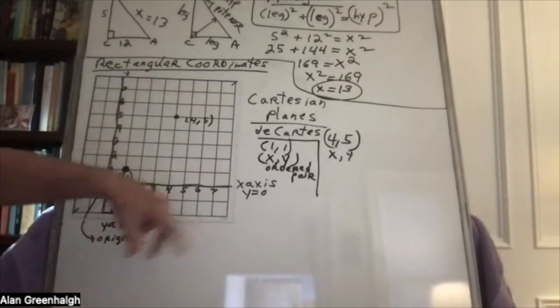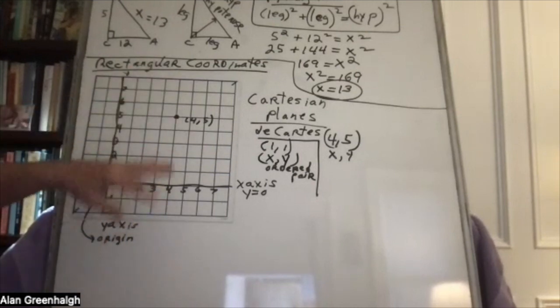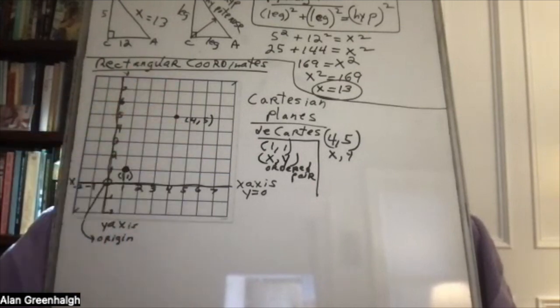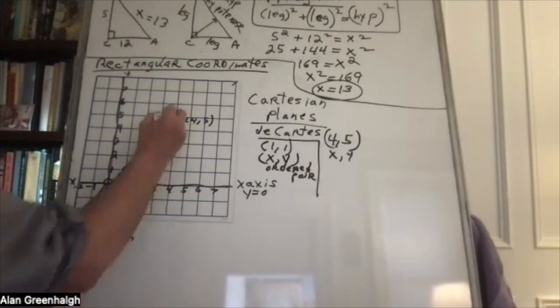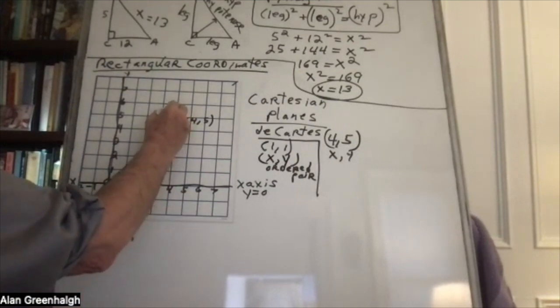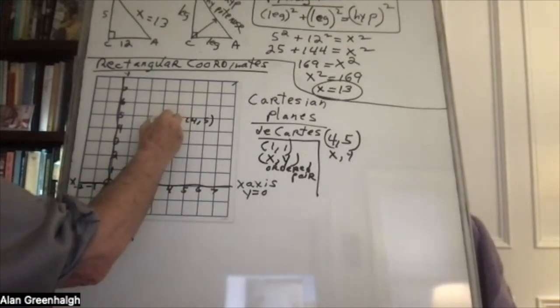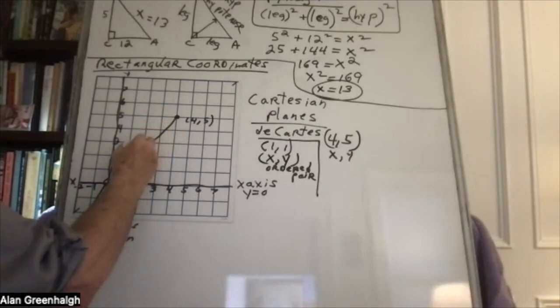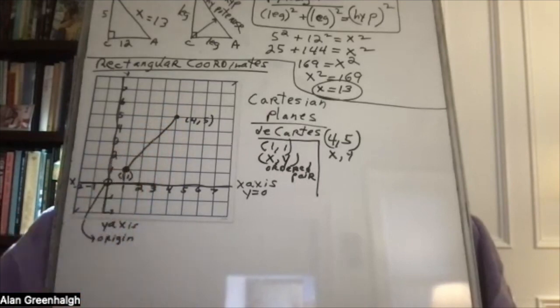And any point can be graphed on the Cartesian plane. Now, I have a question for you. I'm going to draw a line between these 2 points as straight as I possibly can. Not bad without a ruler, right?